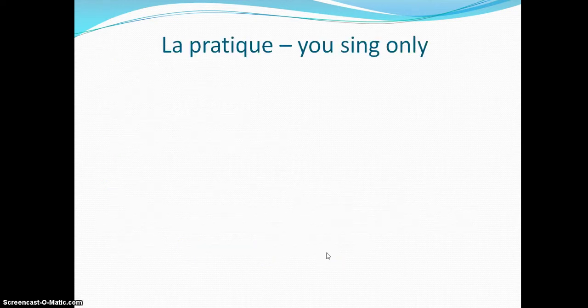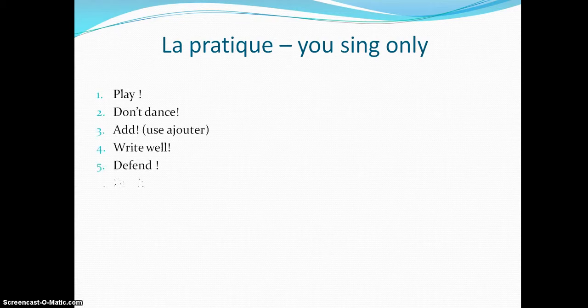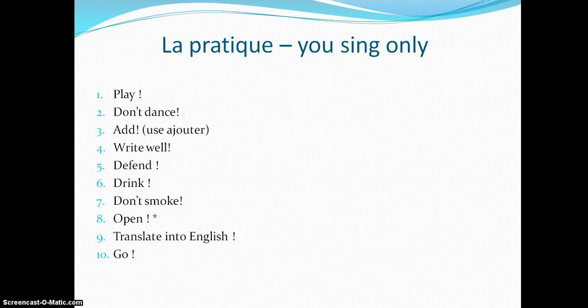Okay, so let's practice the you singular forms this time. Use a dictionary, use verb tables if you need them. Pause the video, and we'll go over the answers. Okay, so let's have a look.